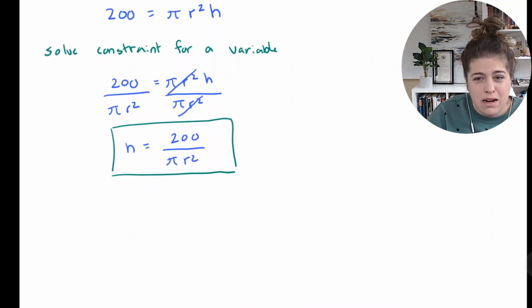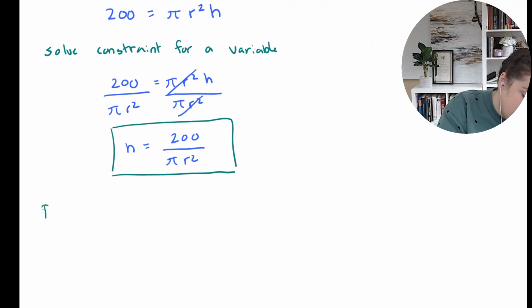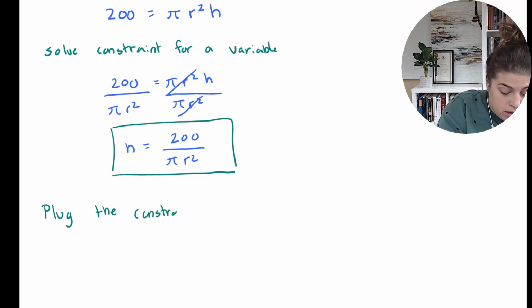And so then our next step here is to plug the constraint into our equation.